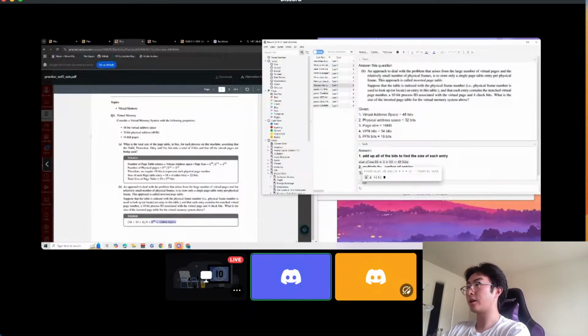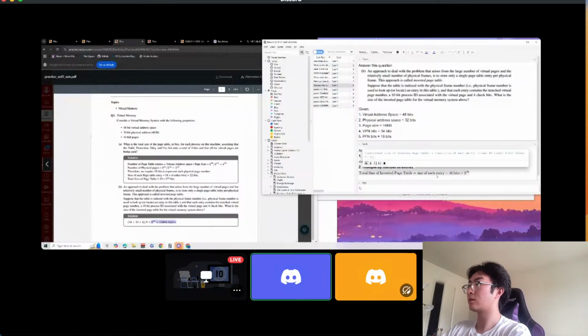Size of each entry, so this is equal to 34, okay. Size of each entry, and then this is really going to be equal to times number of entries, which is equal to 48 bits times 2 to the 18, okay.